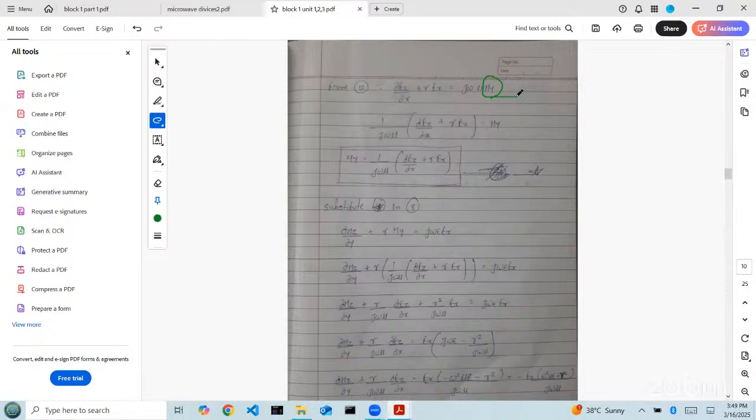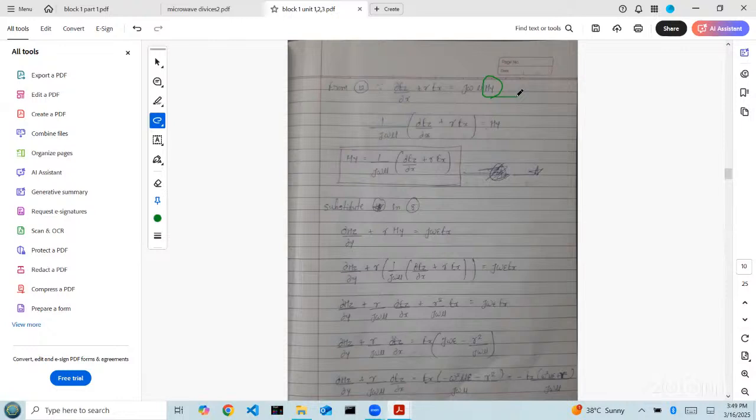We calculated Hy here, so substitute Hy in 3.4. Check the derivation part. Four equations come: Ex, Ey, Hx, Hy. Now we will see the substitution part.